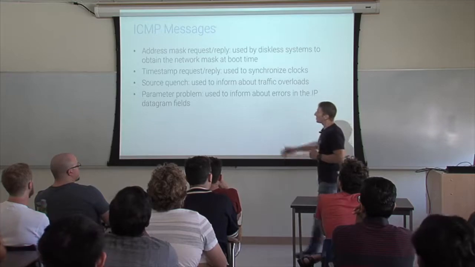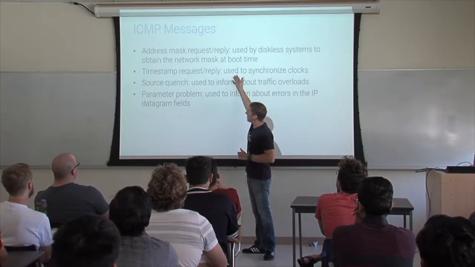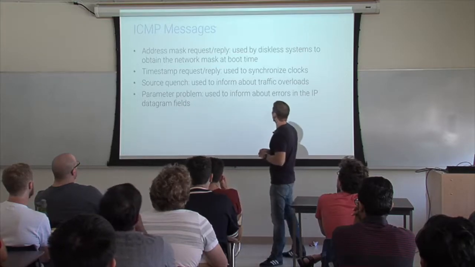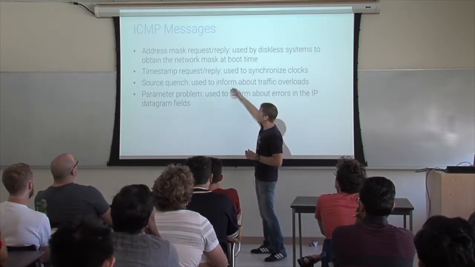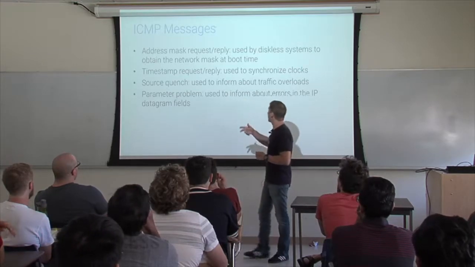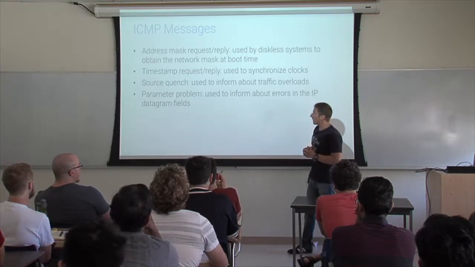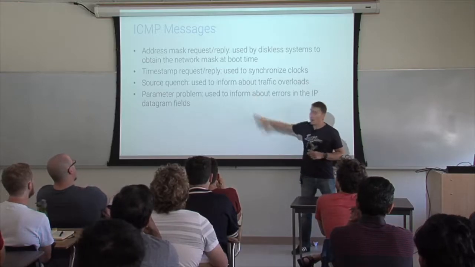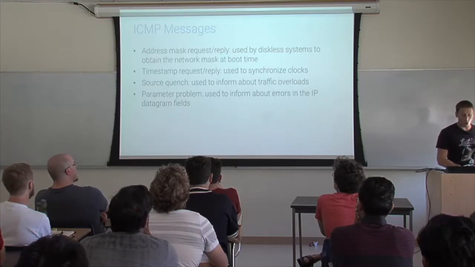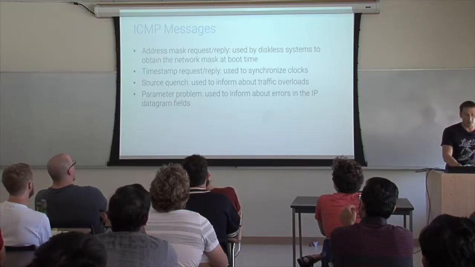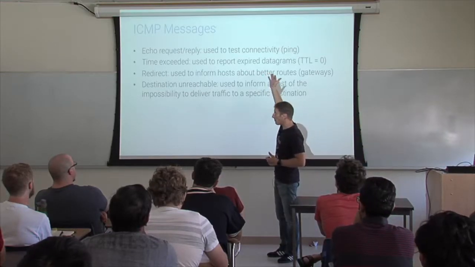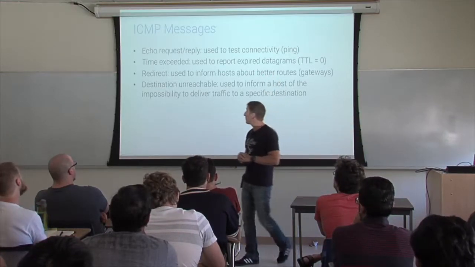Examples of these messages are timestamp, where you ask a remote host for its idea of time. Source quench, where you can send ICMP messages to say, hey, we have traffic overload. Parameter problems, where you can inform of erroneous content of an IP packet. Most famously, echo request and reply: this is the ping, the messages used by the ping tool.